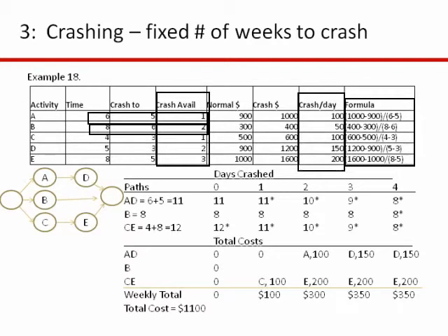Okay, so you have to do a little bit of work to translate some of these data into something meaningful that you can use. So any questions on where I got crash available and how much it costs per day to crash?